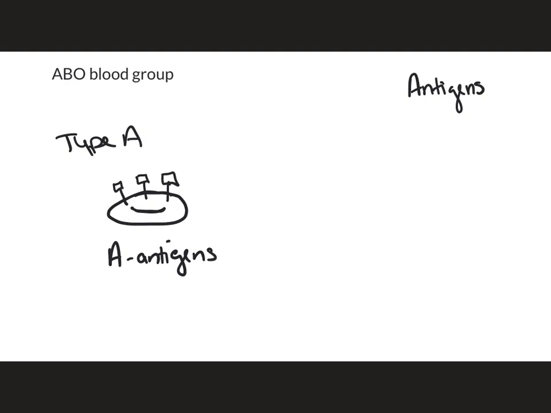Okay, so on the surface of the red blood cells of a person with type A blood, their surface of their red blood cell is going to have these type A antigens on them. And just as you would assume, type B would have B antigens.